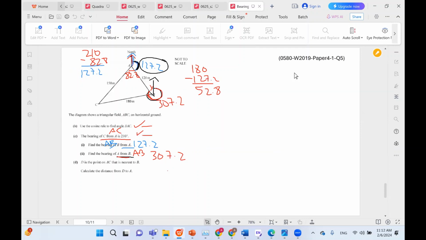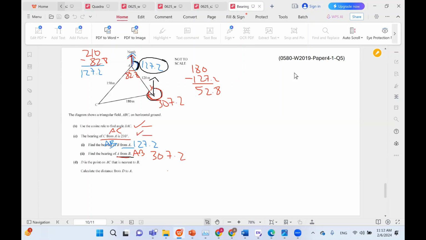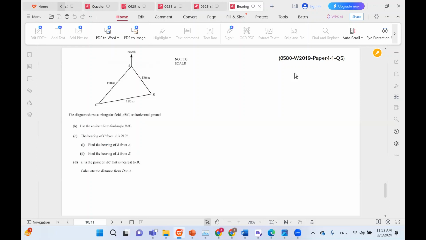Finally, we are told D is a point on AC that is nearest to B. Calculate the distance from D to A. So we're only going to need the angle value here, just this angle here. So it's 82.8. We can remove everything else. The bearings aren't really important for this last part. So 82.8.